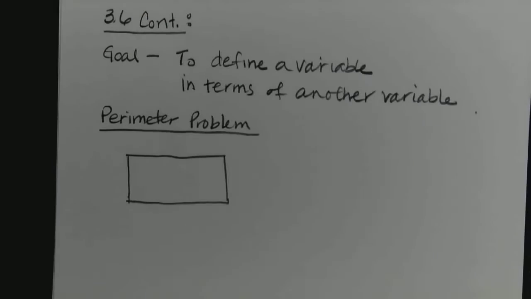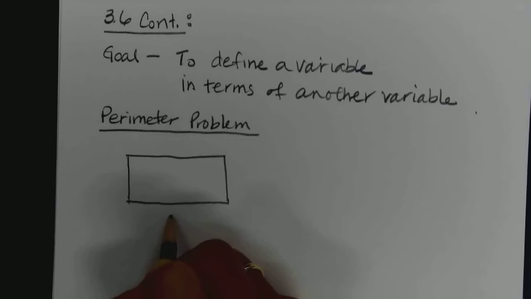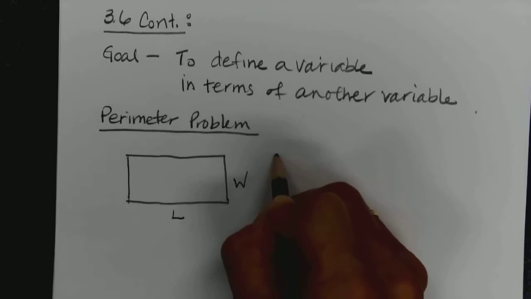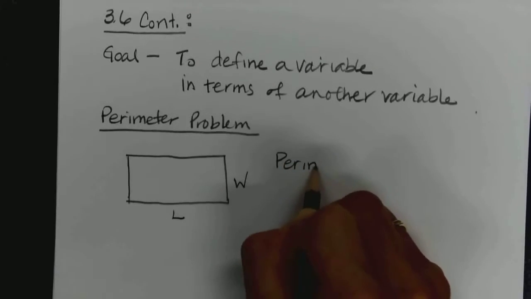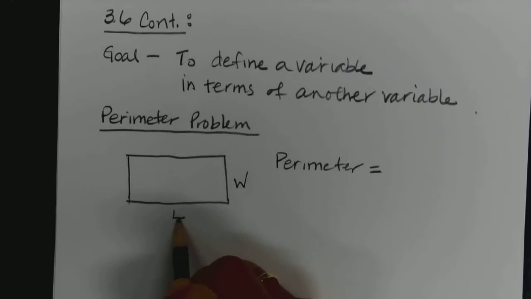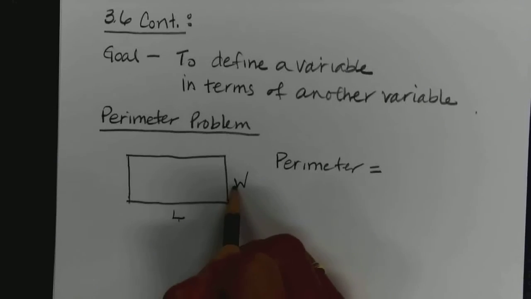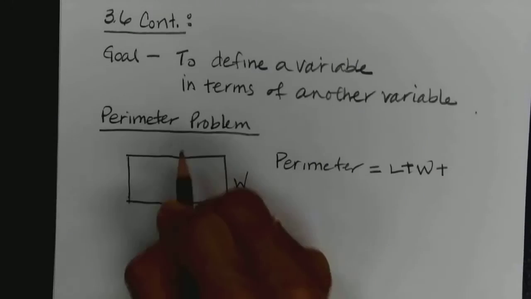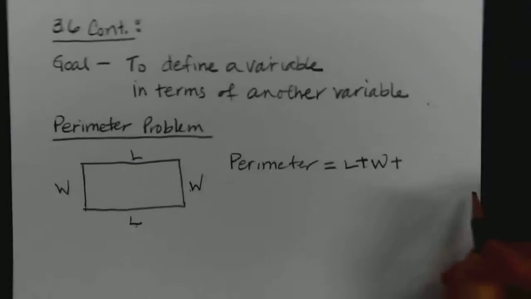So if this was L, and this is width, when we add up all the sides, the perimeter of a rectangle is equal to L plus W plus L plus W, right?